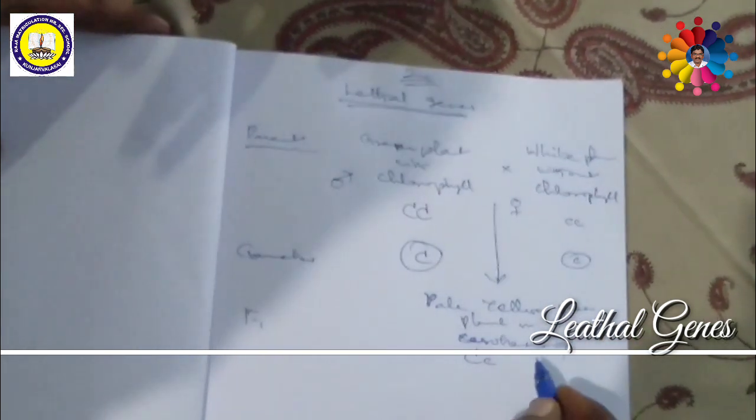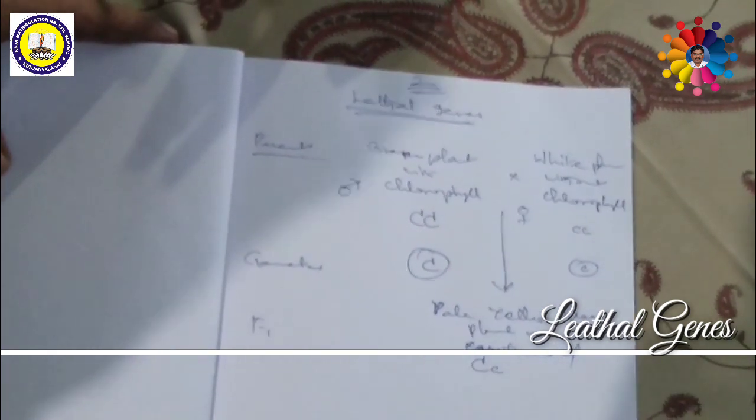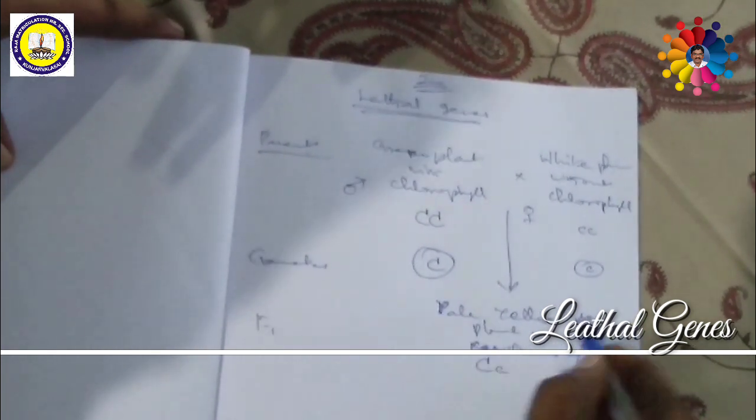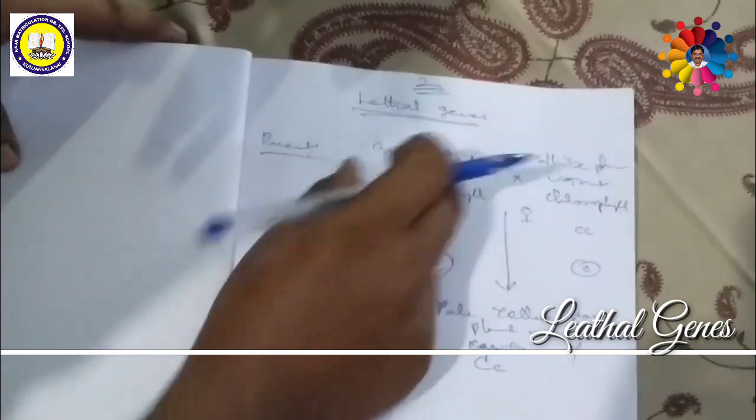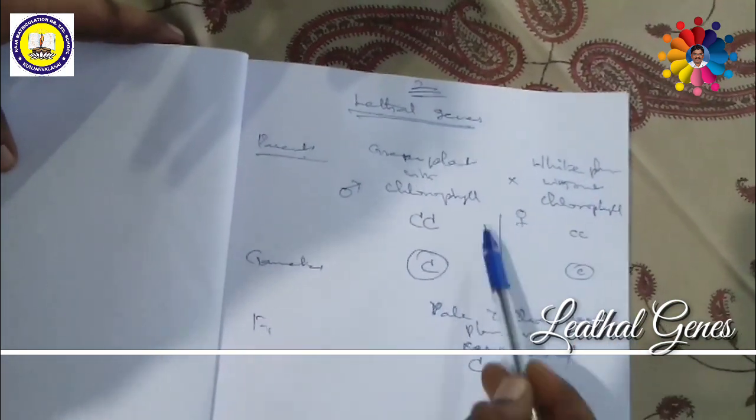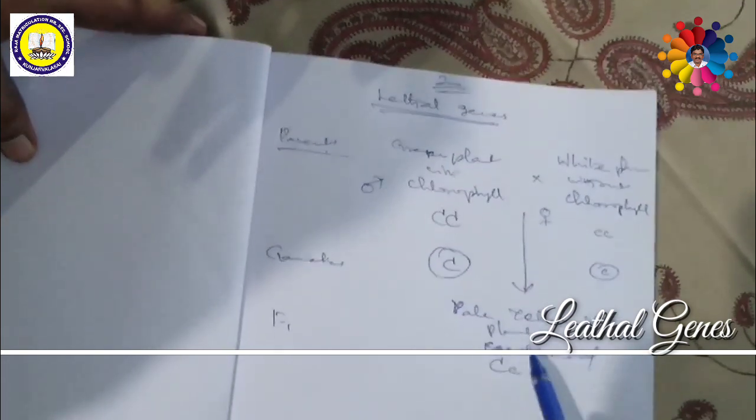A little bit of chlorophyll is also there, but a larger amount of carotenoids may be there. So this is called a pale green plant. This is the green plant, this is the white plant, and these are crossed to form the F1 generation, a pale green plant.